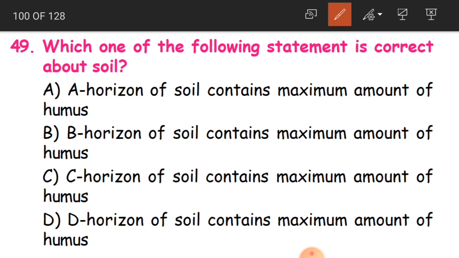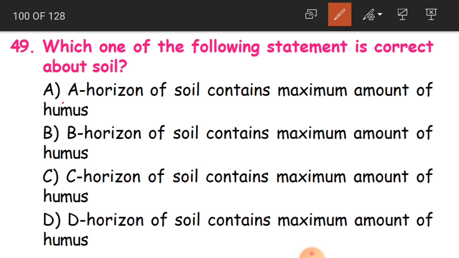These are the layers of soil, as we have layers of the earth. Like the topsoil, what we see on the surface of the soil. These are nothing but the horizons. Here we are talking about 4 different horizons.